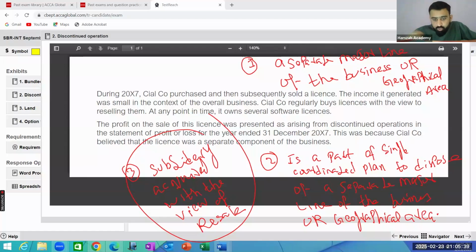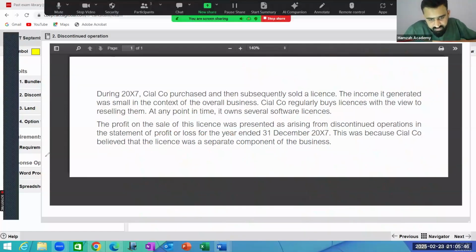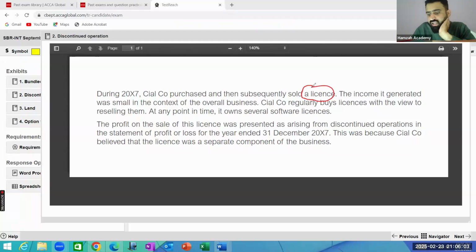So now, keeping this whole story in mind, if you read the given exhibit, we can discuss whether selling of a license is a discontinued operation or not. During X7, C company purchased and then subsequently sold a license. The income it generated was small in context of the overall business.